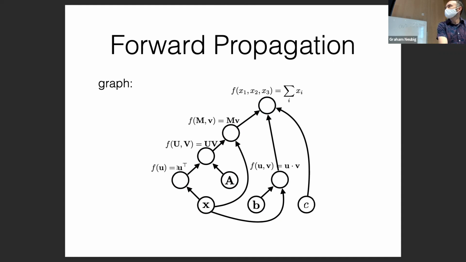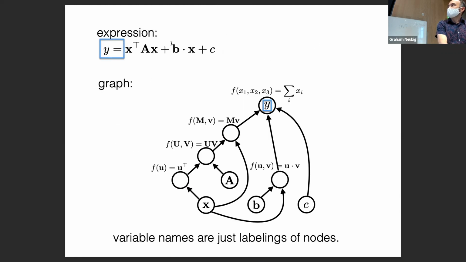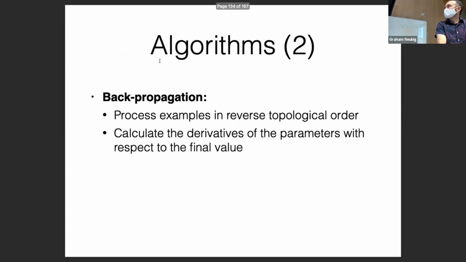So just to give an example, this function itself is not implemented in many neural network toolkits, but every neural network toolkit will have things like transpose and matrix multiply, so we're able to create this more complicated function using the simpler parts. Okay.